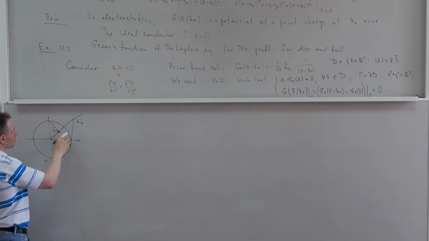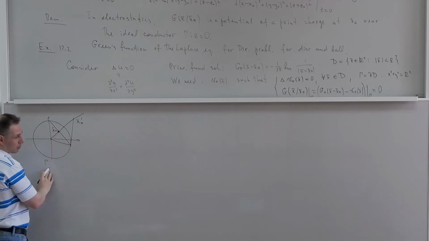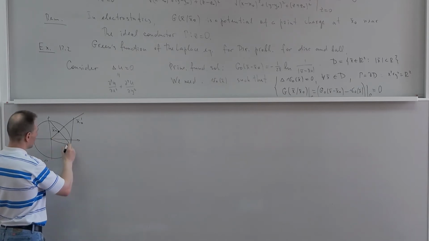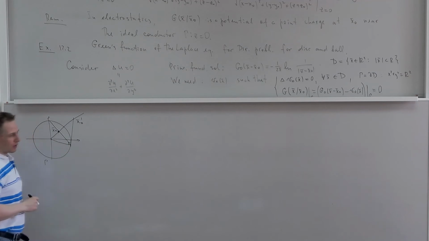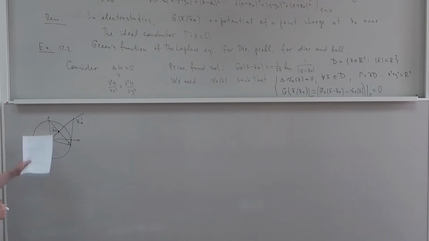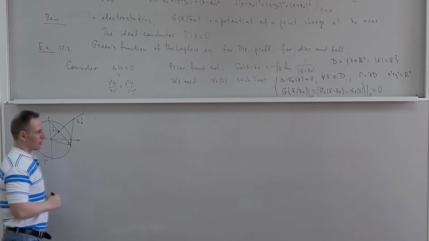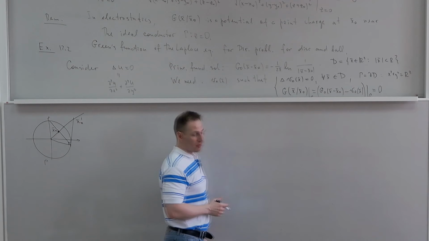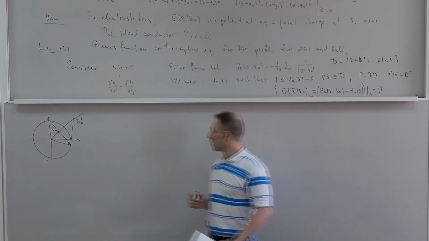It's a symmetric image of the point x0 with respect to the circle gamma. We discussed such a construction and such points in the previous semester of our course.